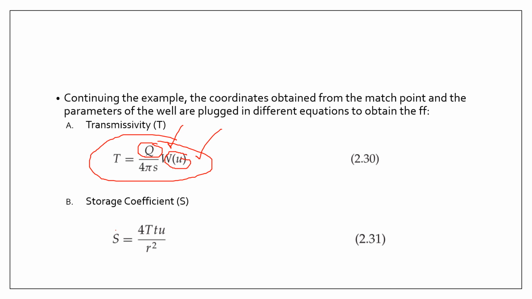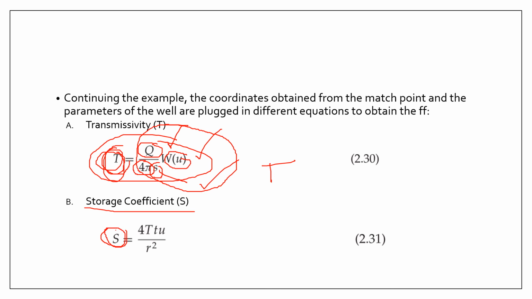We also know s, or the drawdown, check. Then you also know 4 pi, which is 4 times 3.14. So we know all these inputs. Just plug in all those numbers and you will get transmissivity.